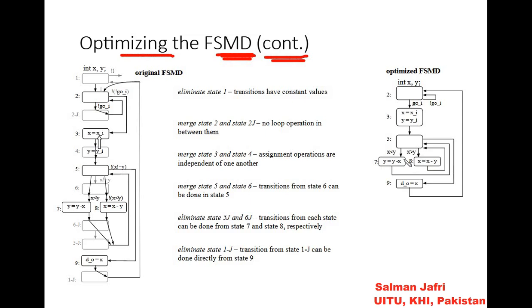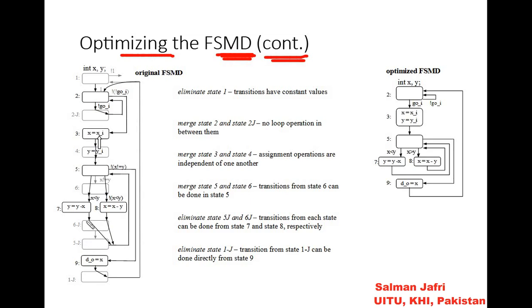So if x is less than y, what do we do? We go to state 7, y equals y minus x. It remains as it is. And if x is greater than y, or not x is less than y, we move to state number 8. Now in either case, when we move from state 6 to state 7 or from state 6 to state 8, we don't need to go to state 6j, we don't need to go to state 5j.